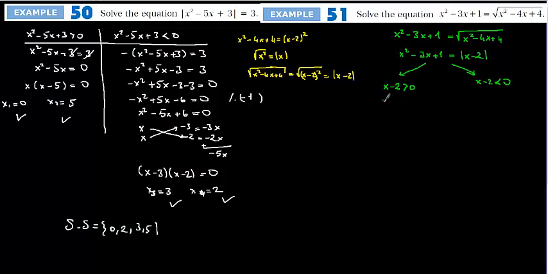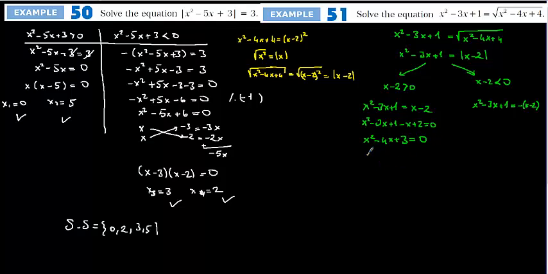If x minus 2 is greater than 0, x squared minus 3x plus 1 will be equal to x minus 2. On the other side, x squared minus 3x plus 1 must be equal to minus (x minus 2). Then, continuing from the first one, x squared minus 3x plus 1 minus x plus 2 is equal to 0, and x squared minus 4x plus 3 is equal to 0.